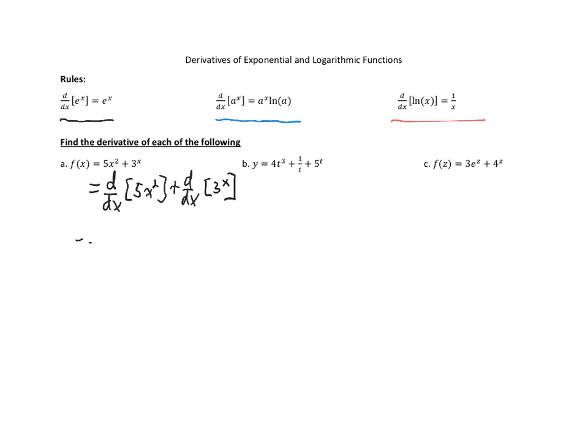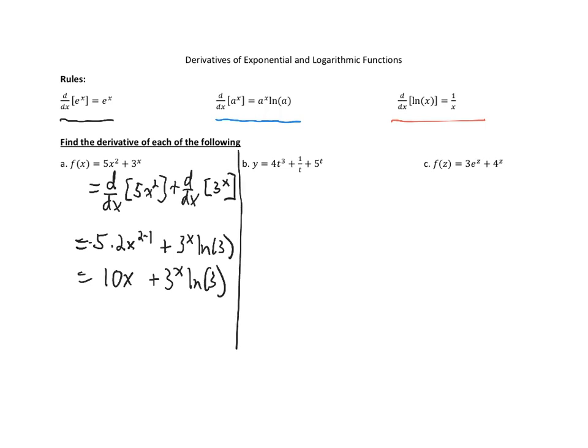The derivative of the 5x squared, that's coming from section 3.1, is 5 times 2x to the 2 minus 1, plus we have this rule now, our second rule. This would be 3 to the x times the natural log of 3. So simplifying, we'd have 10x plus 3 to the x natural log 3.